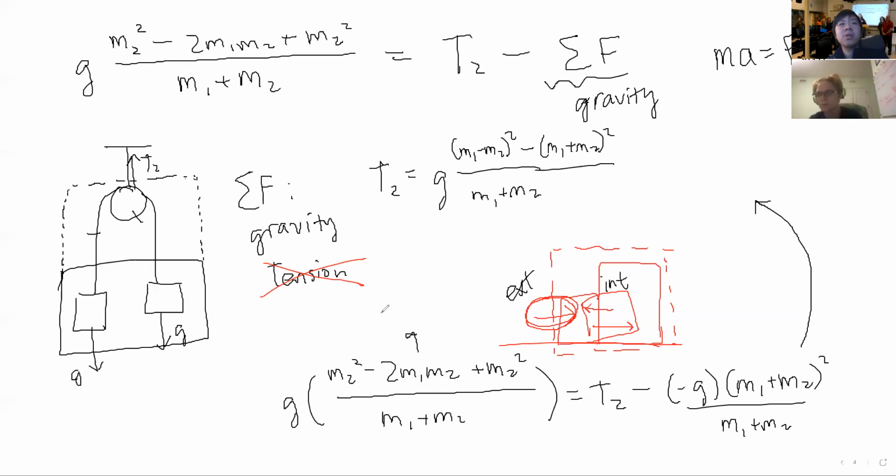Because this is originally (m2 minus m1) squared. And then m1 minus m2 plus m1 plus m2 gives you 2 m1, and you multiply it by a minus b, which gives you negative 2 m2, all over m1 plus m2.